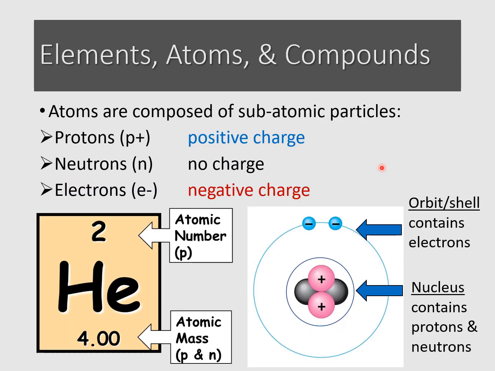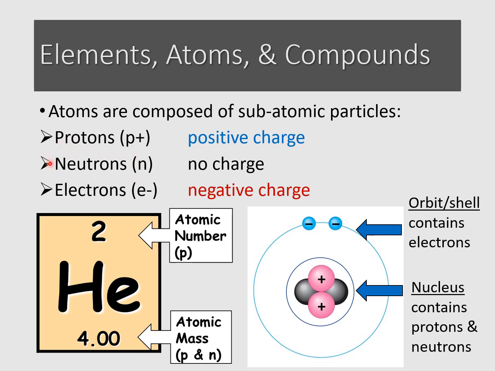We said that atoms are very small units of matter, but atoms are even made up of even smaller subatomic particles. There are 3 subatomic particles that make up all atoms. These are protons, which have a positive charge, so P for positive, protons.